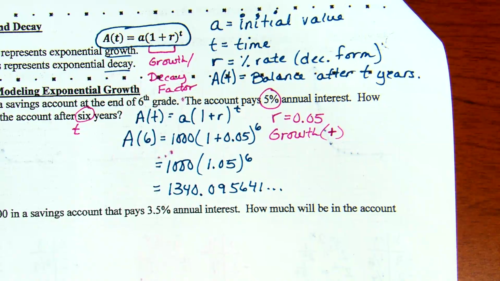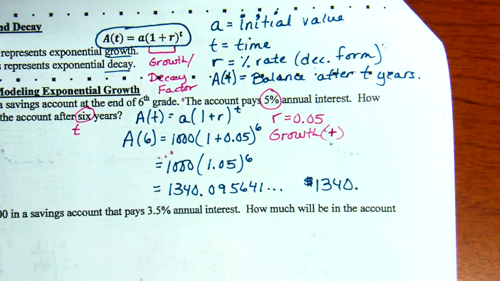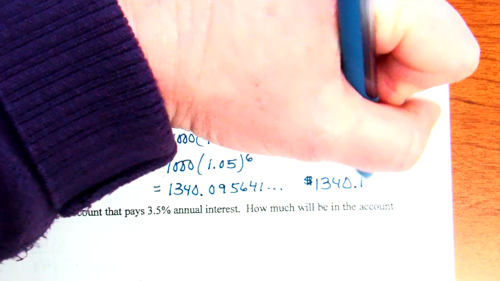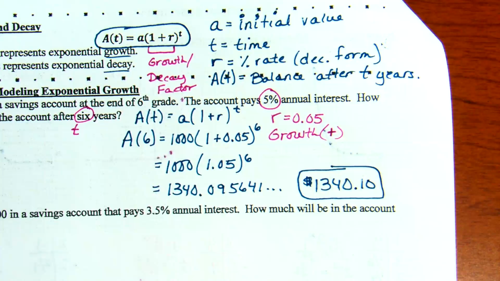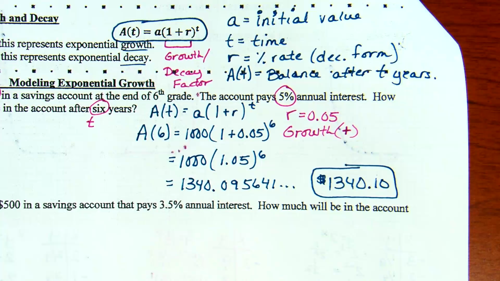So, to the nearest penny, this is going to be $1,340 and 5 tells a 9 to go up to 10, so 10 cents in this case. Okay, so my point in saying that, I want it to go to the nearest penny, 2 decimal places. It happens to be 10 cents in this case.